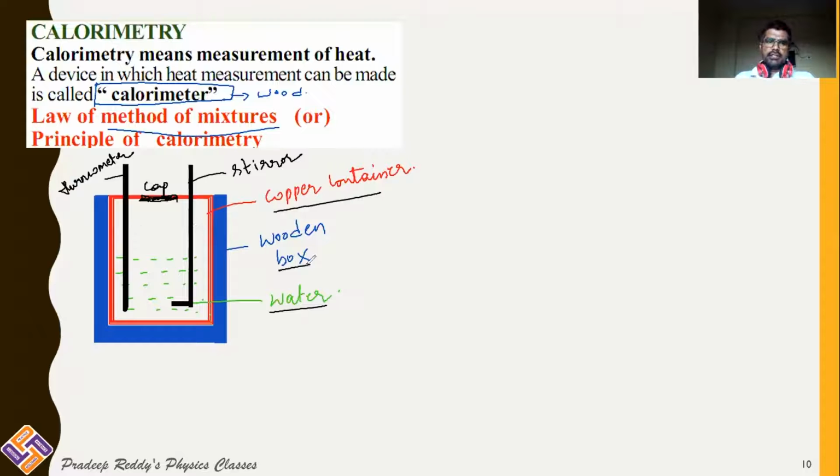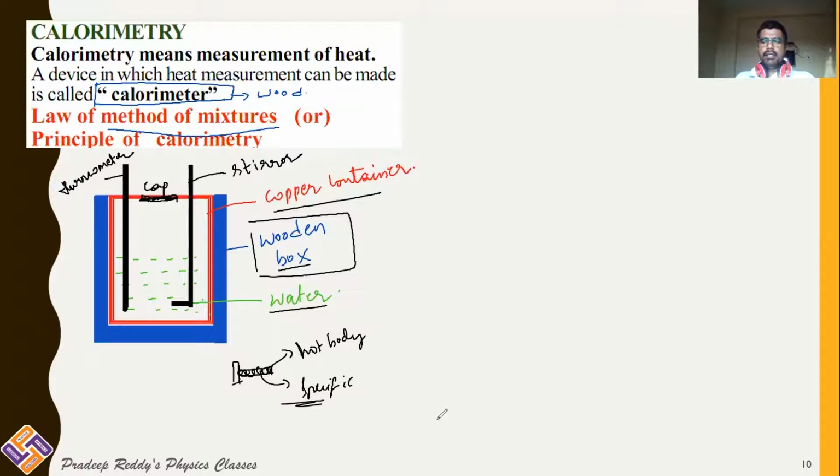We are using a wooden box here because suppose you are taking a substance like this. This is a hot body. In order to measure its specific heat, you cannot do that directly in air medium, because from this material there will be continuous heat lost to the surroundings.